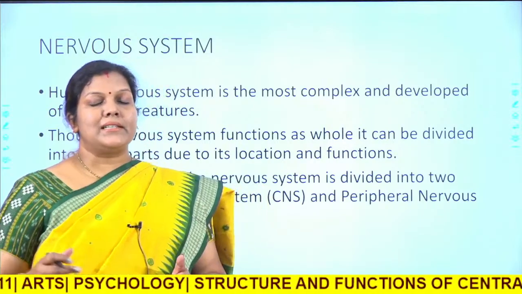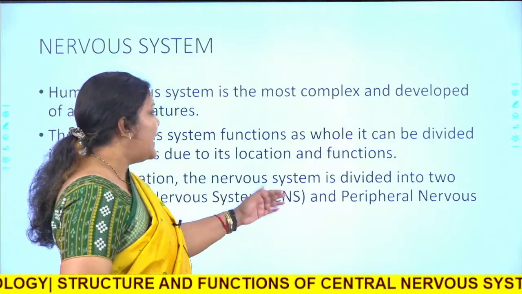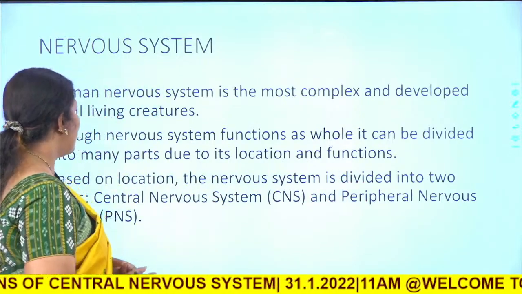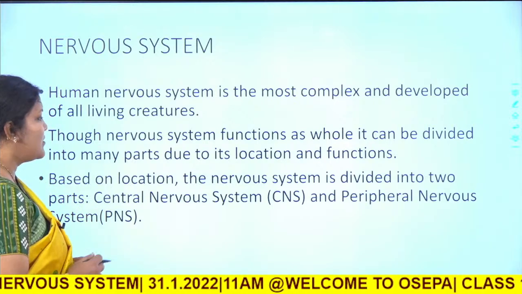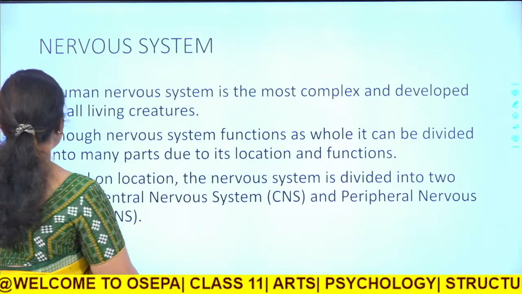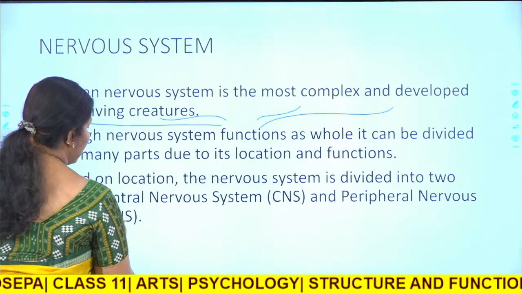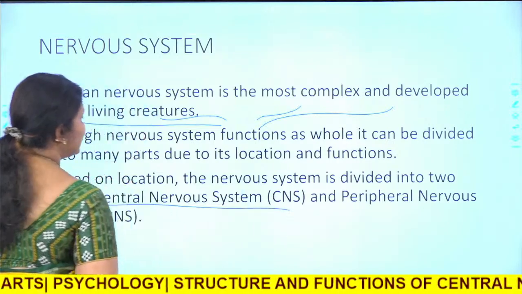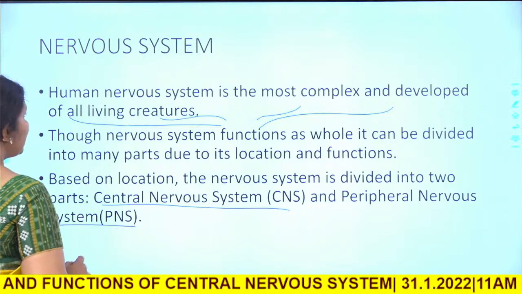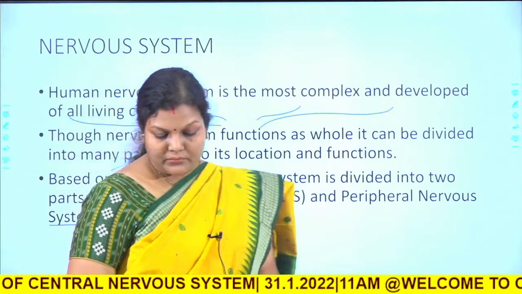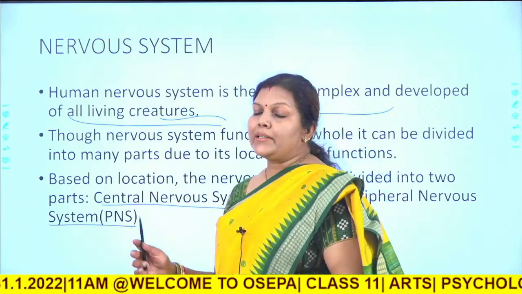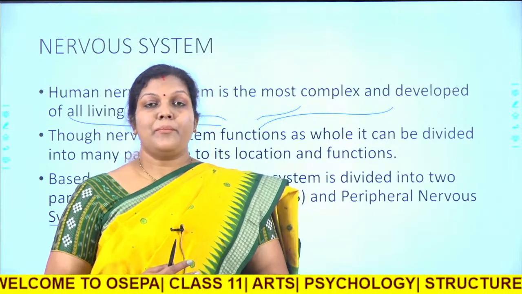In different places, the systems are located and execute different functions. Based on location, the nervous system is divided into two different parts. One is the central nervous system, in short CNS. Another one is the peripheral nervous system, PNS.